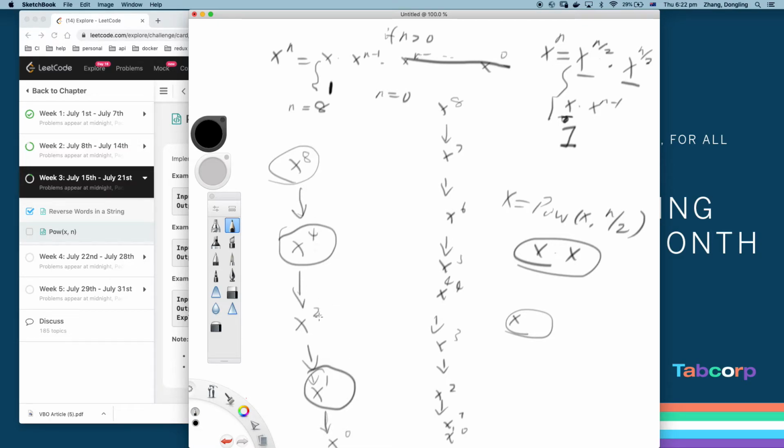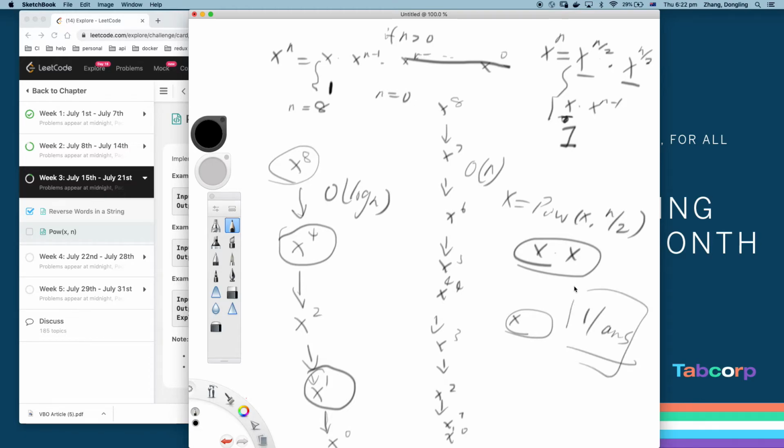So we are looping this, and in this case the time is O(log n). In the recursive version it is O(n), so if you receive n, you need to loop n times. And here it said n could be negative. If n is negative, you just use 1 divided by your answer.